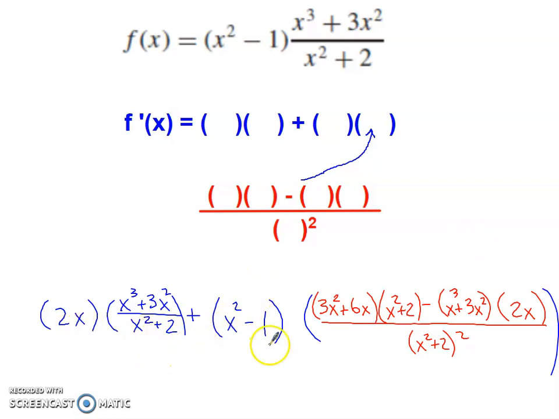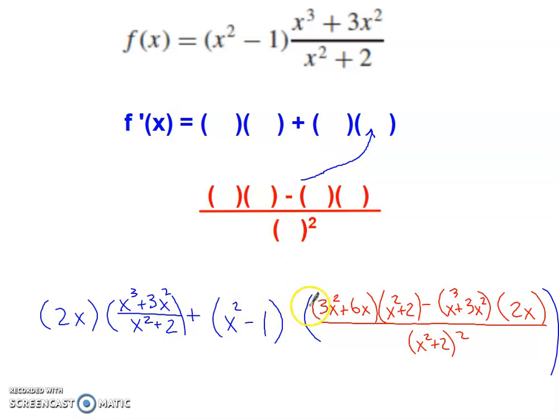So here is the derivative of this function. The derivative of x squared minus 1 is 2x. I've got that in this first set of parentheses. In the second set of parentheses, I've copied the original second part of the product, so the original fraction that we saw. After the addition, in this next set of parentheses, I've got the original first part of the function.